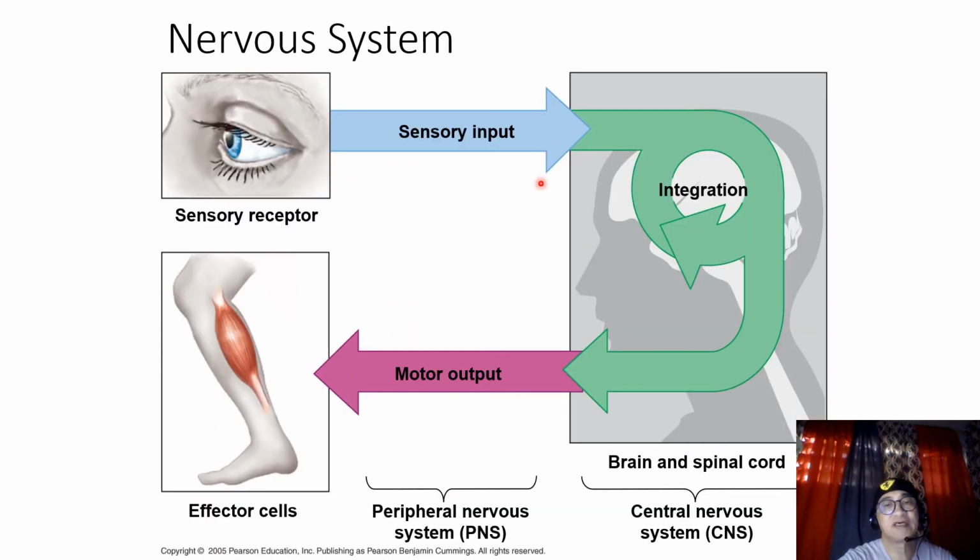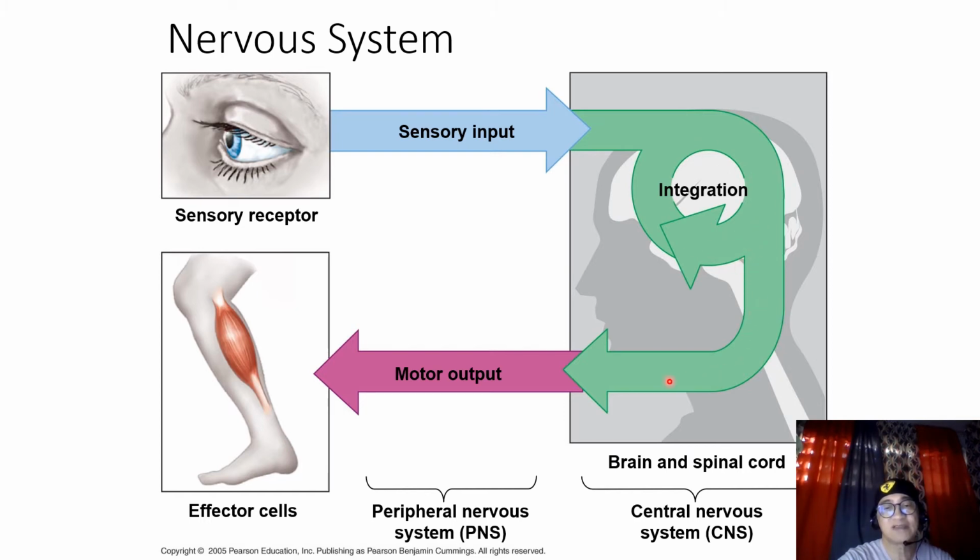The slide here shows the general functional organization of the nervous system, wherein you have information gathered by sensory receptors or special sensory organs that is then sent as sensory input to the central nervous system, where this sensory information is gathered and integrated in many circuits where a particular and appropriate command for response is generated.